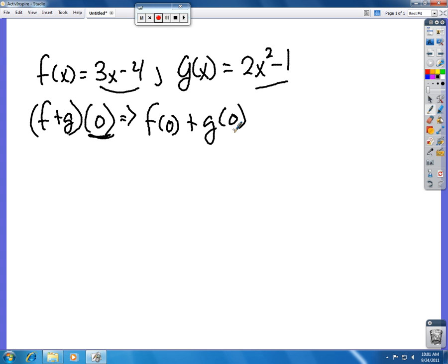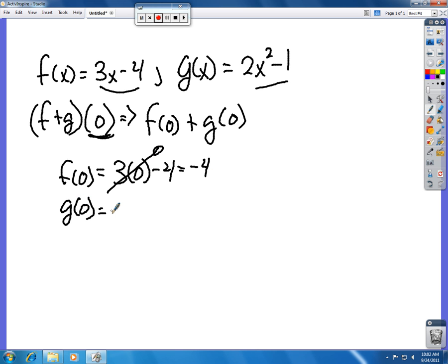Now let's do the legwork. So f of 0 is 3 times 0 minus 4. Well, 3 times 0 is 0, and 0 minus 4 is negative 4. Now the legwork for the function g. So we have 2 times 0 squared minus 1. Well, 0 squared is 0, 2 times 0 is 0, and 0 minus 1 is negative 1.